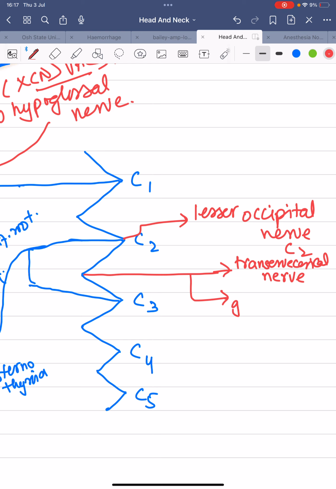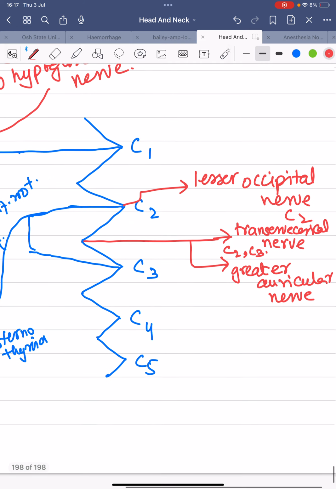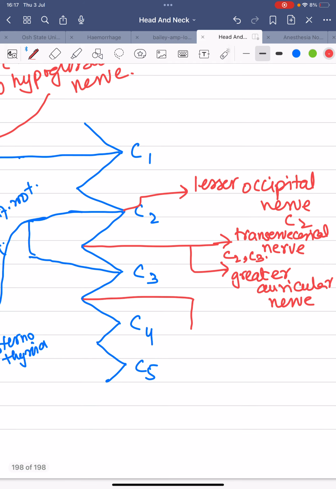So greater auricular nerve and transverse cervical nerve, their root value is C2 and C3. Now see here. C3 and C4, it is giving you the supraclavicular nerve. So the supraclavicular nerve root value will be what? C3 and C4. Done. Now you can ask me, sir, why you draw here the C5?